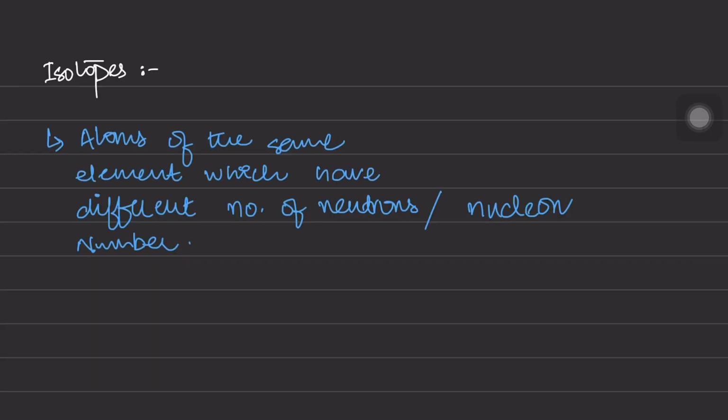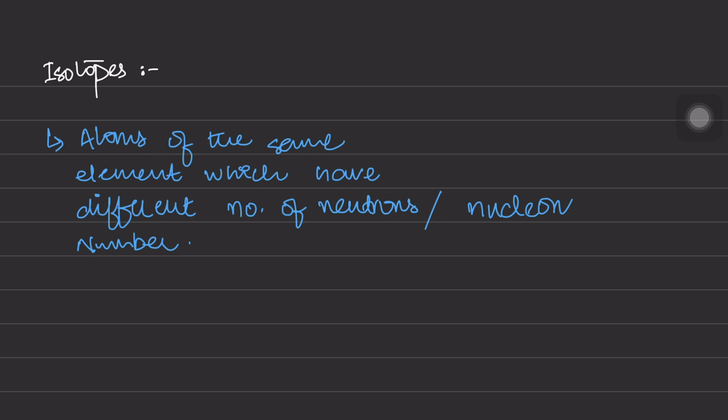Next up we're going to talk about isotopes. I'm sure you already know what isotopes are from your chemistry lessons, but we're just going to go over this anyways. Isotopes are atoms of the same element which have different numbers of neutrons, or different nucleon numbers.